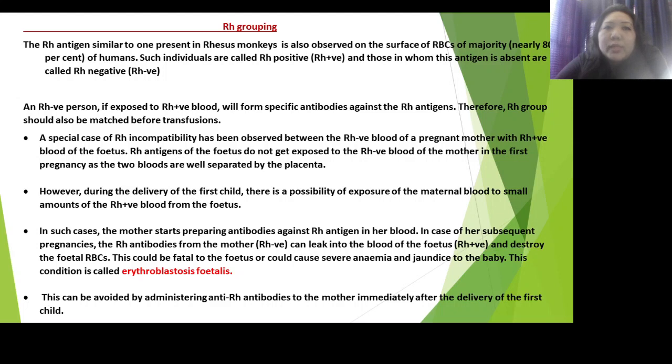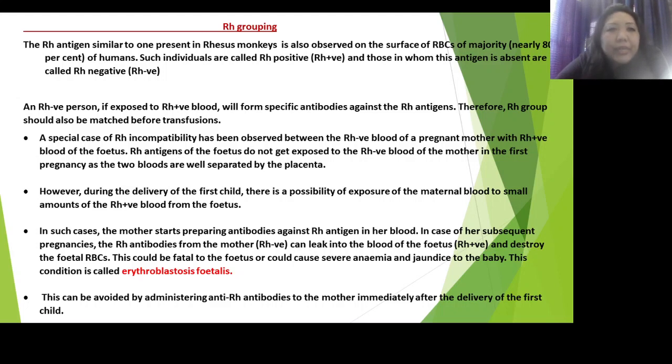Such individuals are called Rh positive persons, and those in whom this antigen is absent are known as Rh negative. An Rh negative person, if exposed to Rh positive blood, will form specific antibodies against the Rh antigen. Therefore, Rh group should be matched before transfusion of the blood.